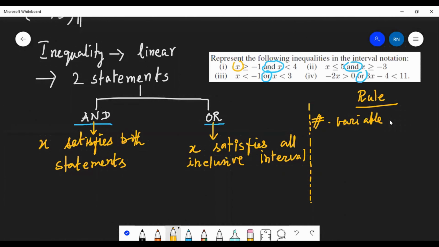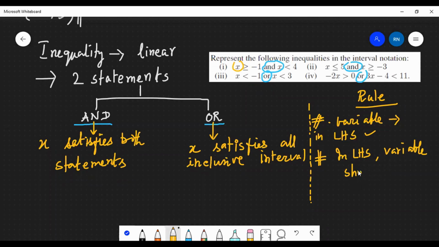Whether x or anything else, the variable must be present in LHS. If there are variables in RHS, you need to collect them in LHS. That's the first thing. And make sure in LHS the variable is positive.